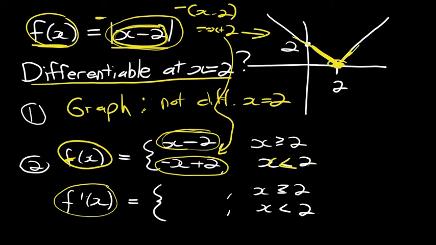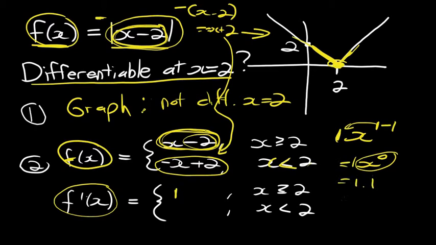Now if we differentiate that, it's just 1, because if you differentiate a constant it becomes 0, and to differentiate x, you take the 1 to the front and subtract 1 from the exponent, so it's 1 times x to the power of 0. x to anything to the power of 0 is 1, so you'll have 1 times 1, so it's 1.